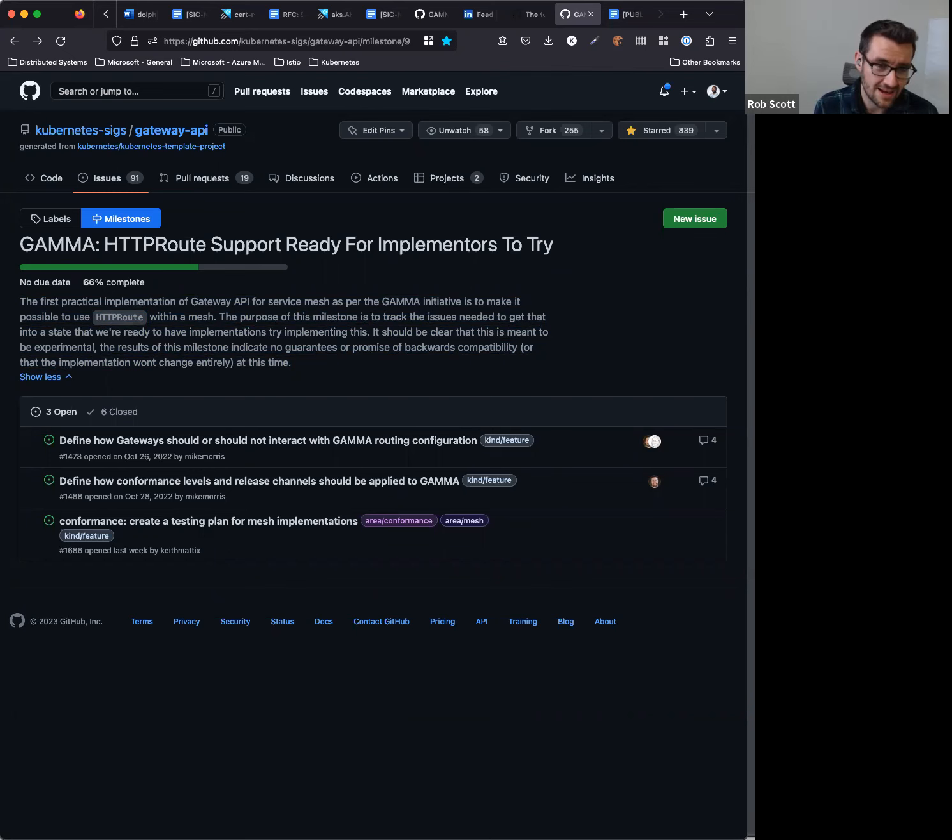The thing that I'm most aware of that seems closest to getting across the line to include in 0.7.0 is path rewrites, or rather all of rewrites, and then just path redirects. Right now I know of two implementations that have support for it, and usually our bar for graduating something to beta has been closer to three or more implementations.